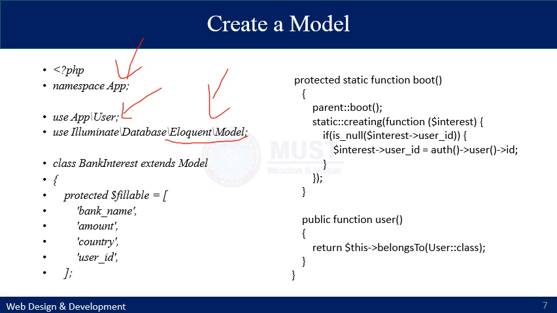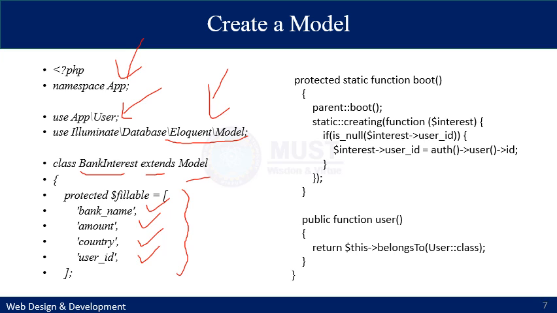So you have a class called BankInterest in this case, and it extends the Eloquent model, and we have some fillable properties that we have to fill in the database. The first property is the name of the bank, the amount in the bank, the country of the bank, and the user associated to create the new interest or bank account.